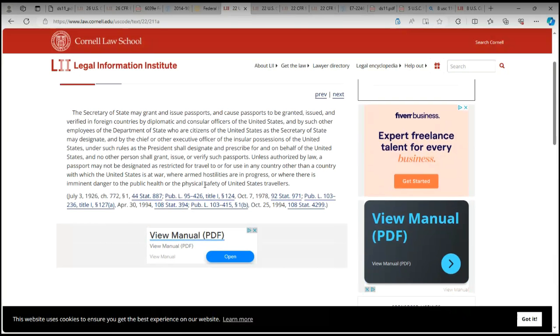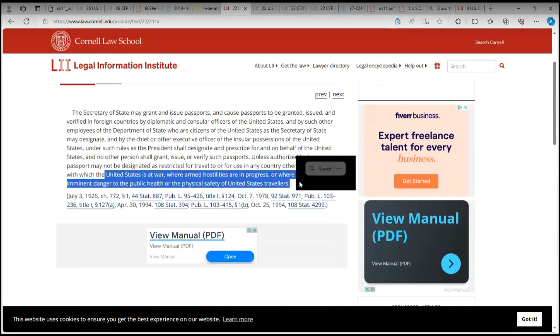So this right here allows them to restrict your travel based on what? No, sorry. Not restrict your travel, restrict your passport for the purposes of traveling under that passport, under which cases the United States is at war, armed hostilities, and so forth. Right?